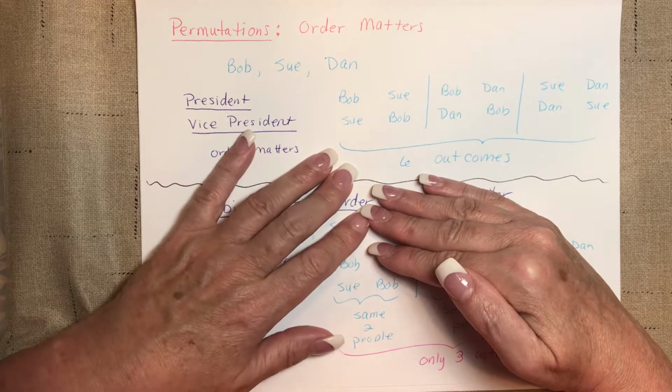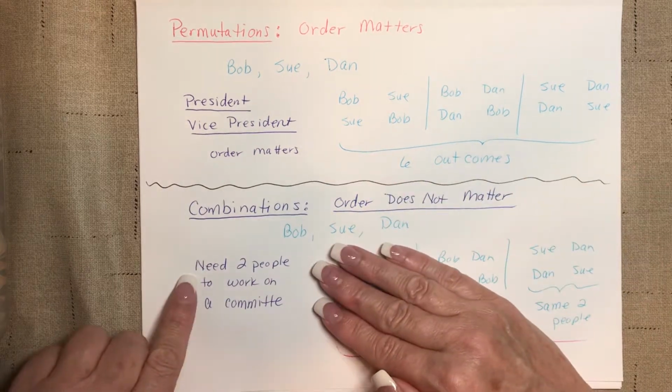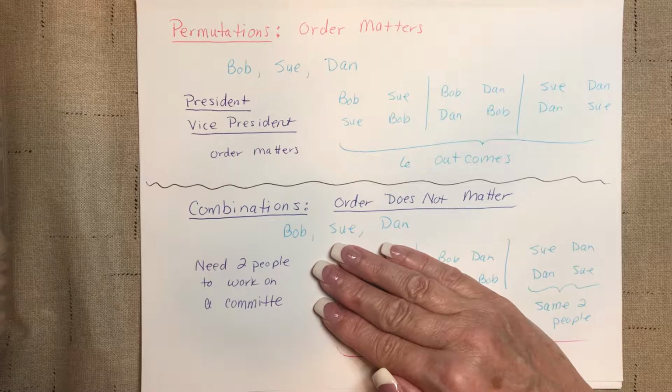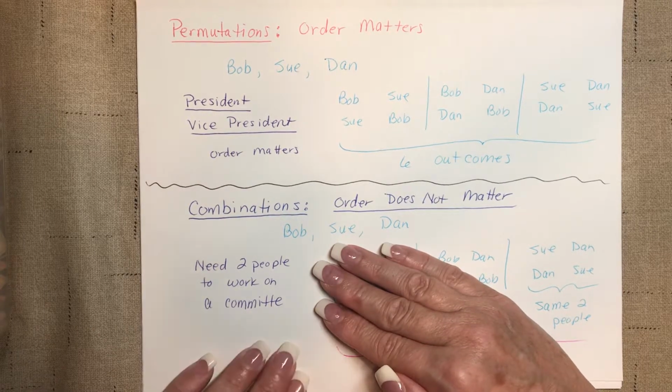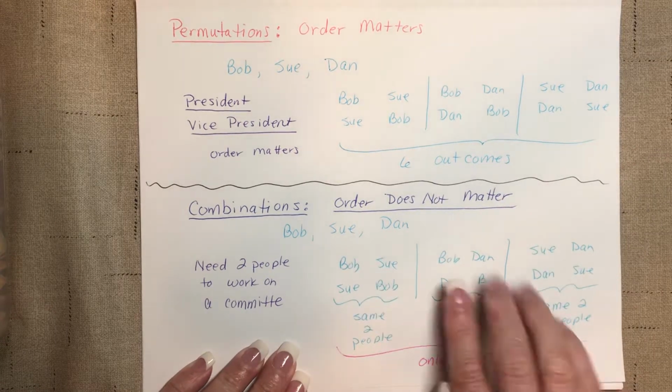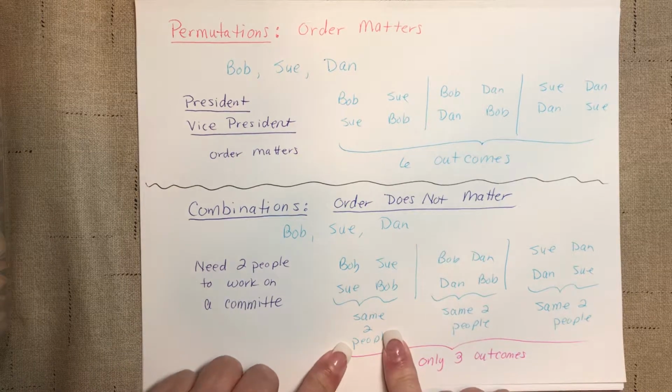But if you had these same 3 people and you were saying, okay, I just need 2 people to work on a committee, maybe they're just going for pizza for the meeting, they're not holding any special position. Order doesn't matter. So Bob with Sue and Sue with Bob are the same 2 people.